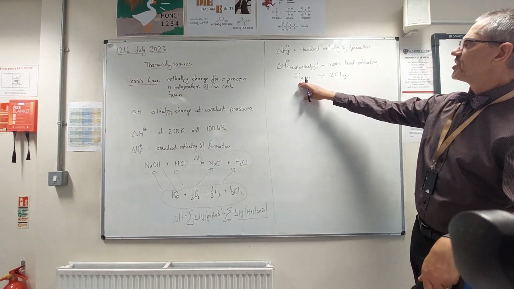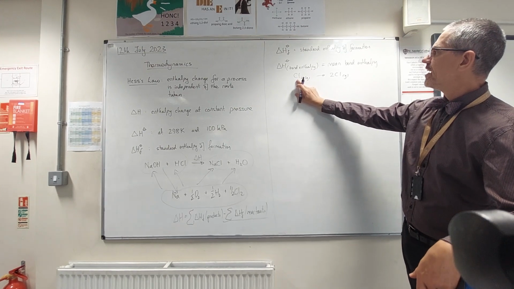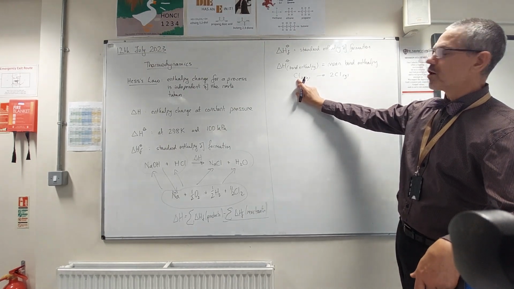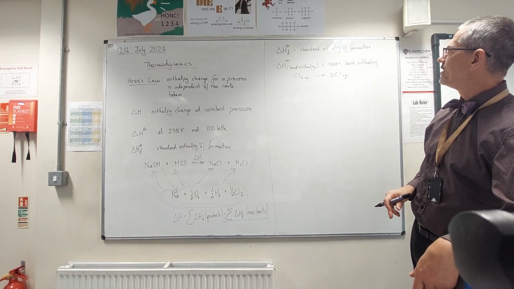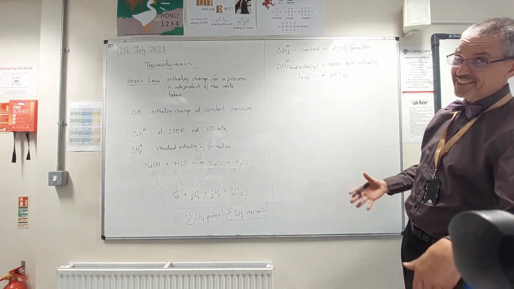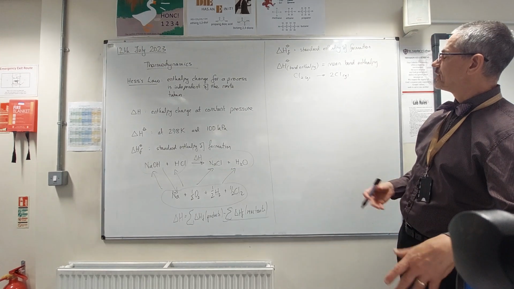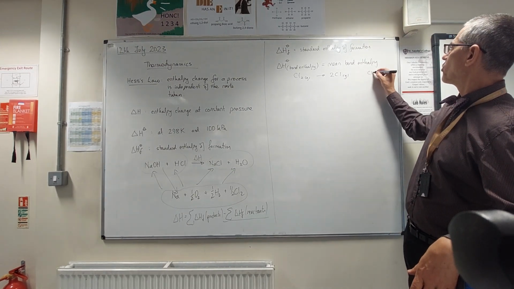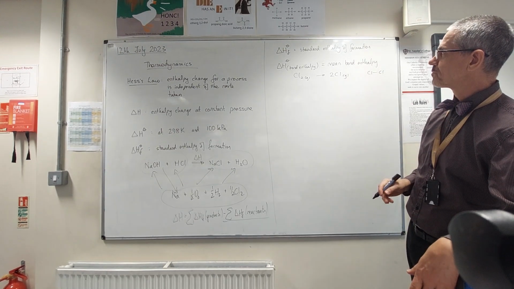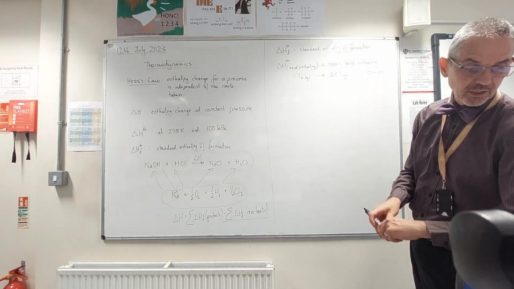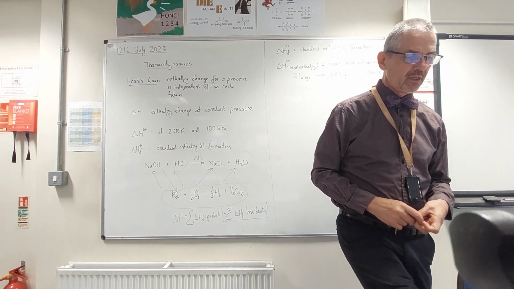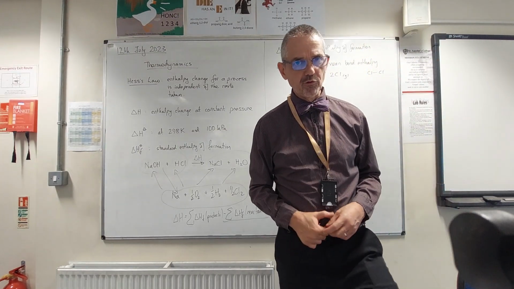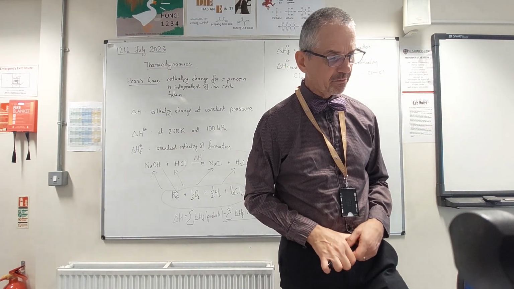So it wouldn't be averaged in this case, but the energy required to break 1 mole of chlorine bonds to make 2 moles of chlorine atoms, all in the gas phase, would be the bond enthalpy of the chlorine bond. So that's another one that we met as well. We also met enthalpy of combustion, but we won't be revisiting that in this topic.